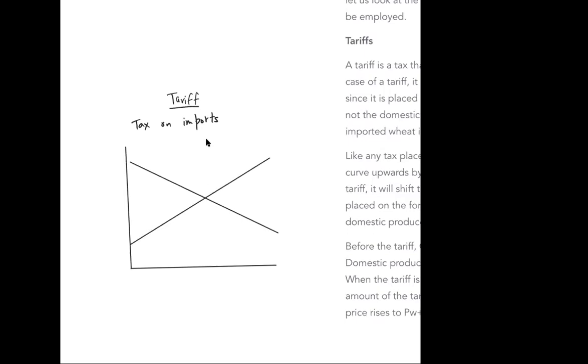So let's make demand and supply first. Let's say this is demand and supply of cell phones in the market. Because it's a tariff, a tax on import, let's assume right now the world price is PW, for example $300.